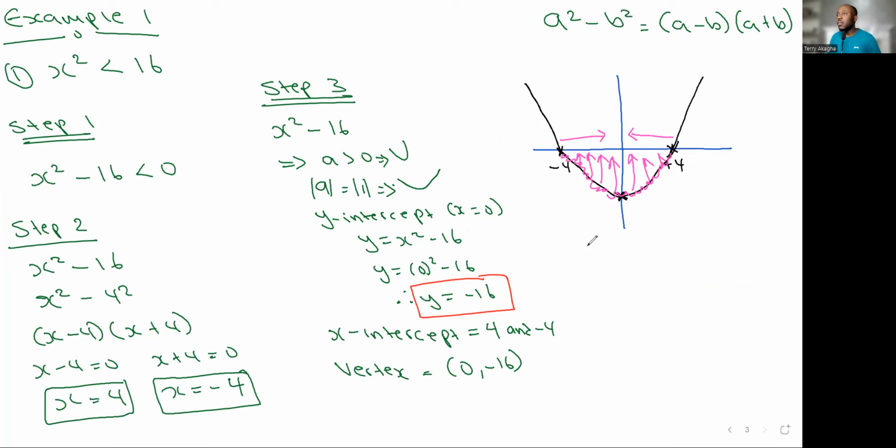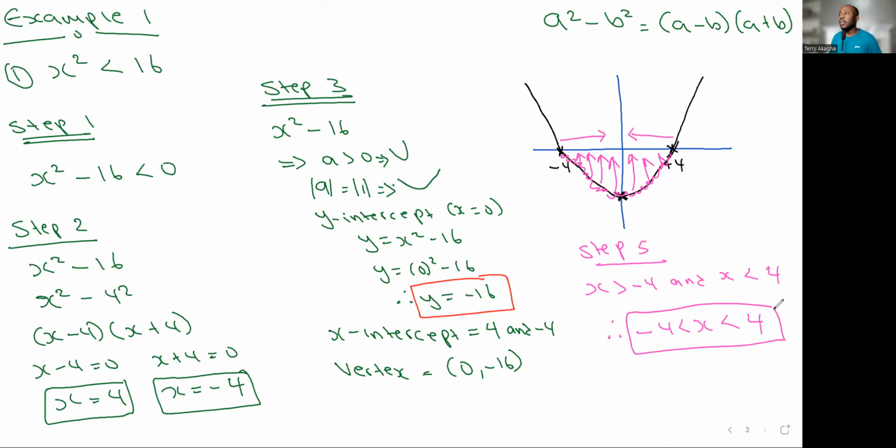So that means step 5, we can now say x is greater than minus 4 and x is less than 4. We can write this together, so x is greater than minus 4 and less than 4. So this will be the answer for that.